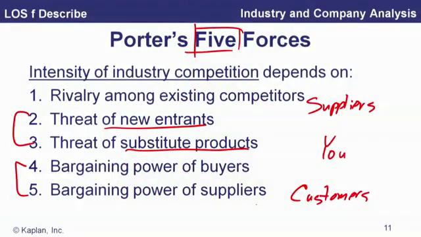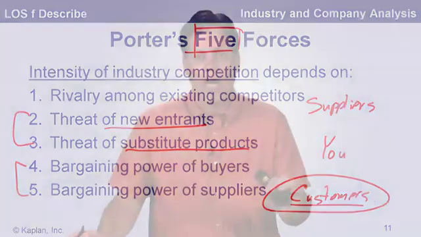So I'm thinking that the combination of the concentration of customers and the importance of the product that Boeing or Airbus is selling in terms of profit and loss, it's a big part of their balance sheet and P&L statement, that the customers are going to be really cost conscious. So I think that the bargaining power of buyers, given that there are few of them and they're concentrated, is going to be high, right?